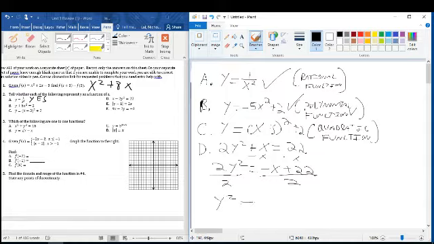Y squared is equal to negative 1/2 x plus 11, and then lastly, y is equal to the square root of negative 1/2 x plus 11, which is a radical function.